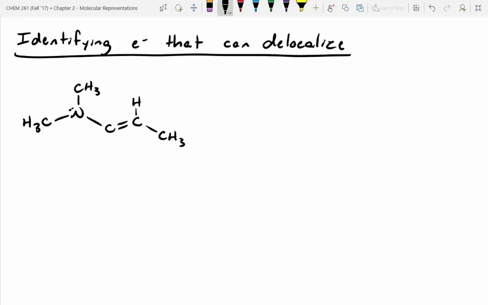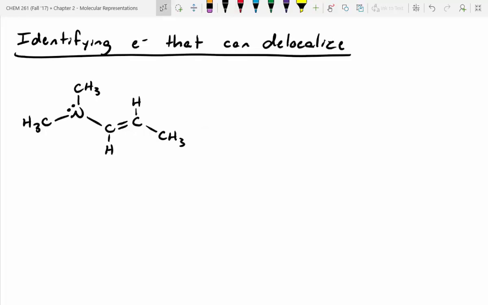And I'm going to include all the hydrogens so we don't violate an octet rule. All right, what's this functional group with the nitrogen? An amine. Let's get a review. All right, so that nitrogen has a lone pair on it. I'm going to actually separate them out a bit so we can see them more clearly. There we go. All right, so let's take a look at how we could potentially draw resonance structures here.